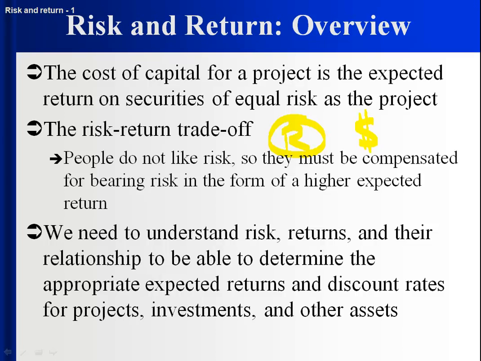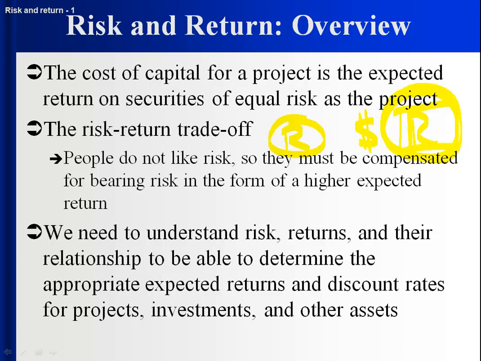By putting the money into that project, they're giving up the chance to invest in stocks and bonds that have the same level of risk as the project, and therefore they're giving up the opportunity to earn the return that's associated in the financial markets with that level of risk. So we view it as the cost of capital.